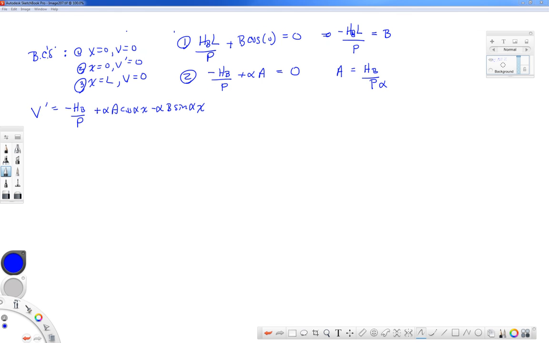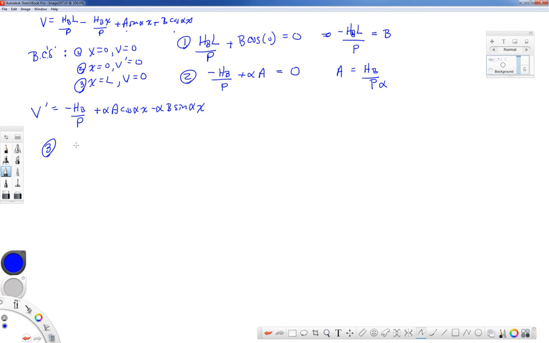Now we've got one last boundary condition we can apply, and that's number 3. And that's at x equal to L, V is equal to 0. Let's see, I erased my equation for V. Let me write it in here just so we have it. All right, so now we're going to plug in x is equal to L. Now when we do that, the first two terms will cancel themselves out.